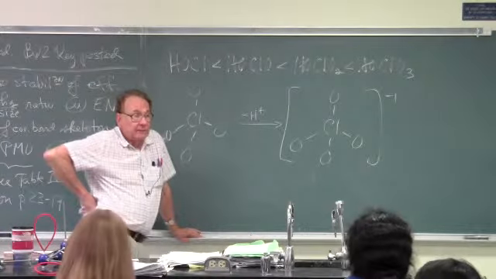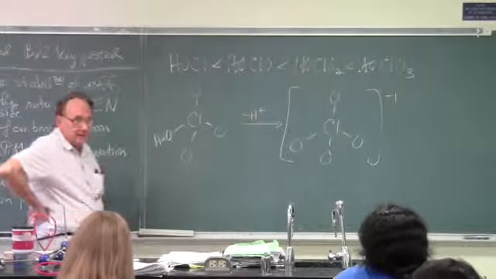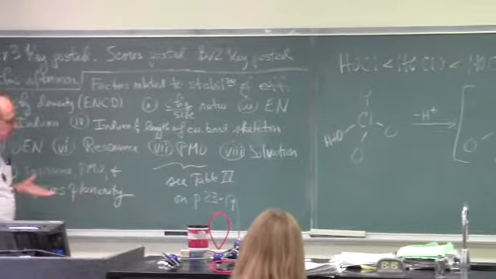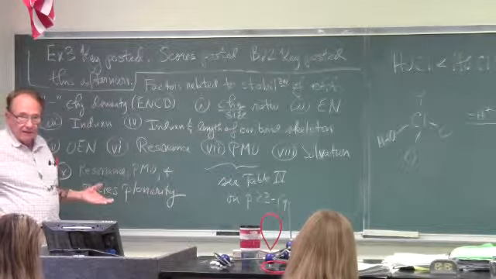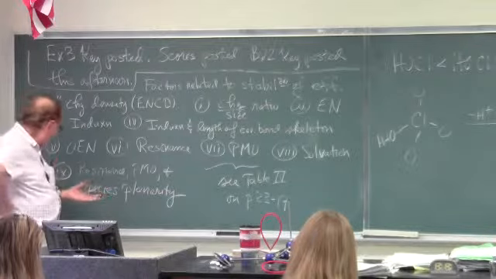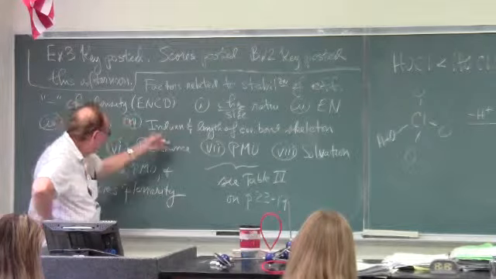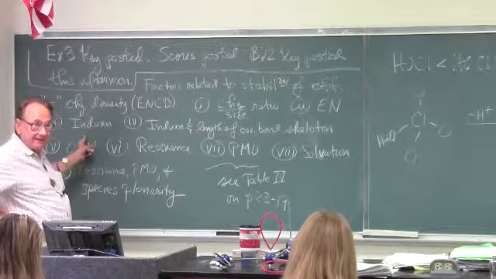Do they help to stabilize negative charge density? On what basis? Is it one of the things over here? Which one of these things over here? How about that? Induction. Oh, here, induction. Right?